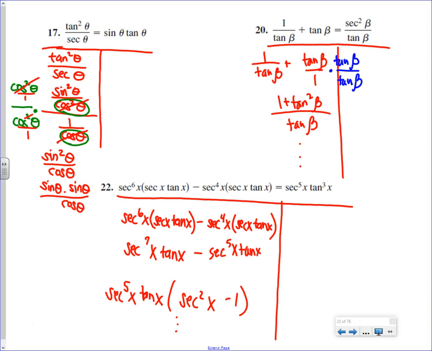I'm going to cheat just a little bit for those of you that are on 17 with me. I'm going to look over here and say, sine, I got one. Tangent, quotient property says, tangent is right there. Sine over cosine is tangent.